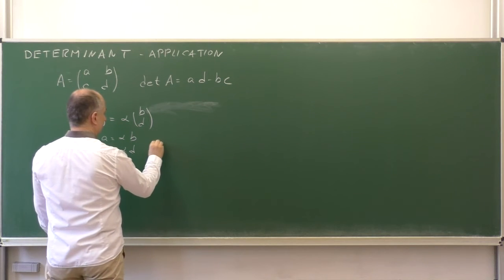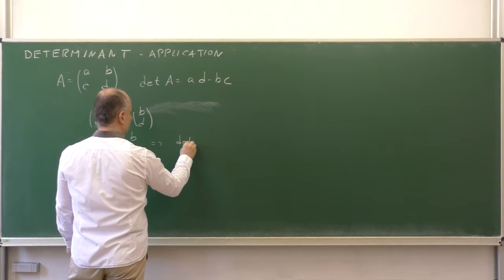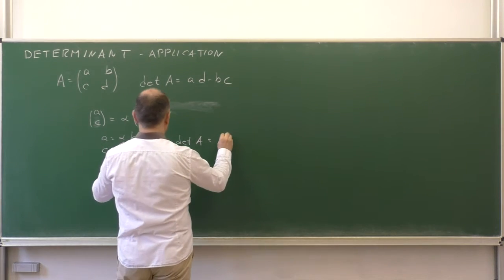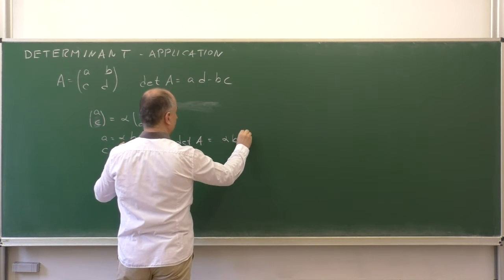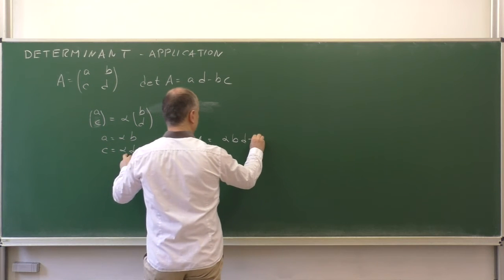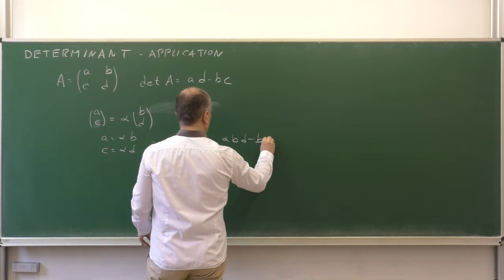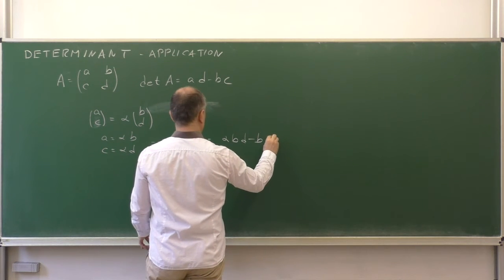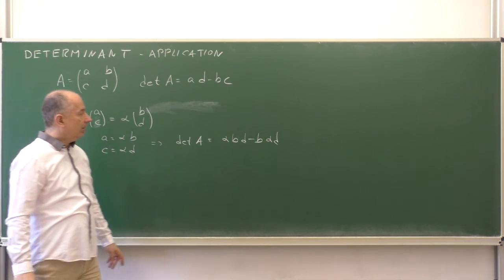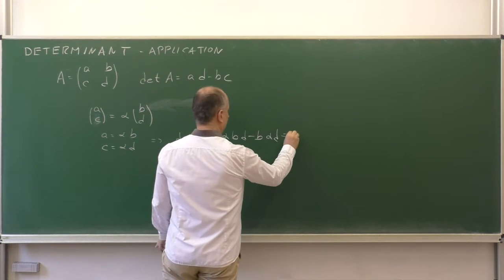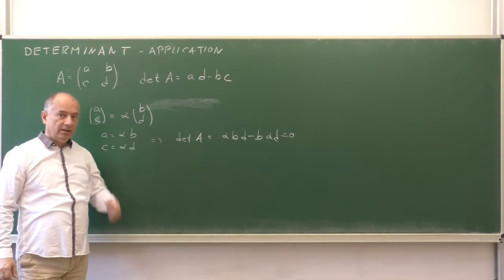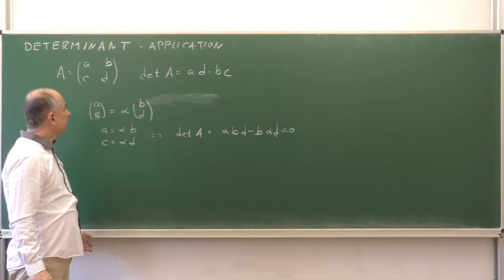But then the determinant is AD, but A is alpha B, minus BC, but C is alpha D. And we have alpha BD minus alpha BD, which is 0. So if the rows or columns are linearly dependent, the determinant is 0.